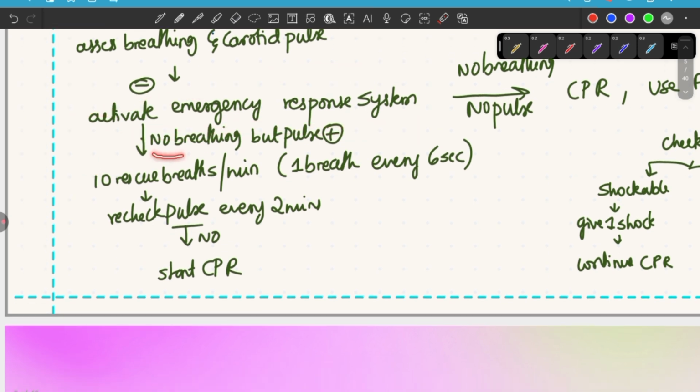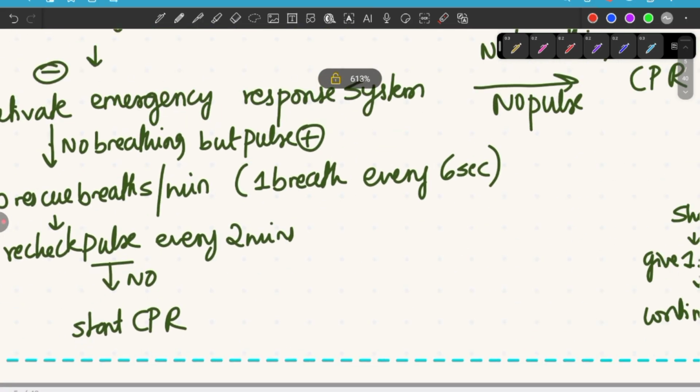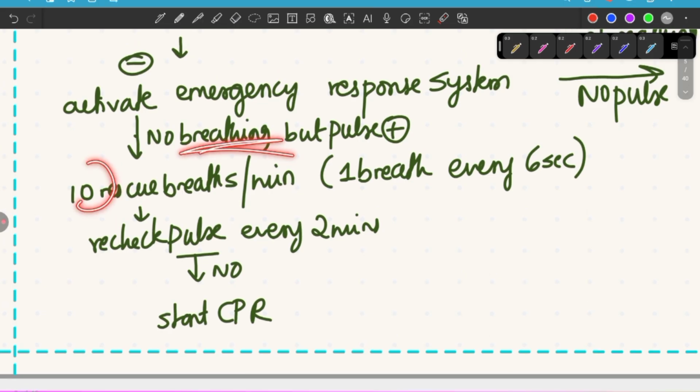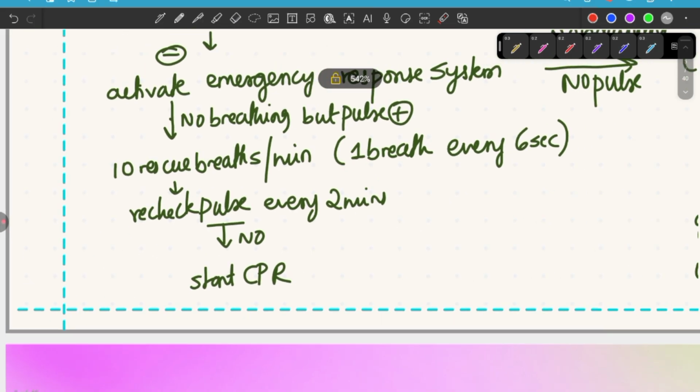If the patient is not breathing but the pulse is present, you have to give rescue breaths, 10 rescue breaths within a minute. That means every 6 seconds you give one breath. After giving the breaths, check for pulse. Every 2 minutes you have to check the pulse.